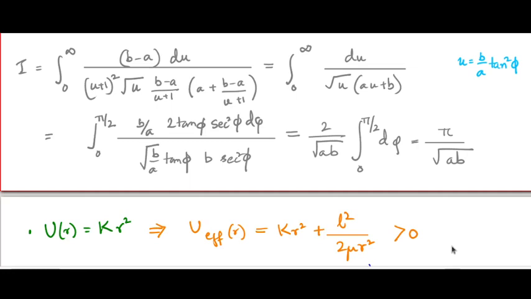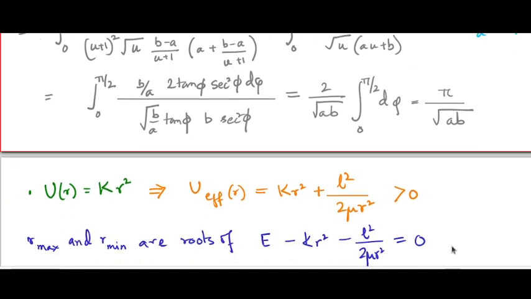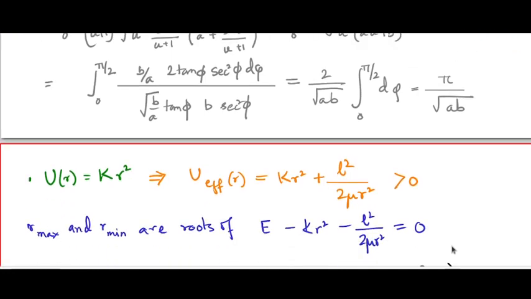And as we have already seen in the last lecture, potentials of this kind will always lead to bound orbits. So no matter what the energy is, and the energy has to be positive in this case, you are going to have two turning points, r max and r min, which are actually solutions to this equation, E minus k r square minus L square by 2 mu r square equals 0.